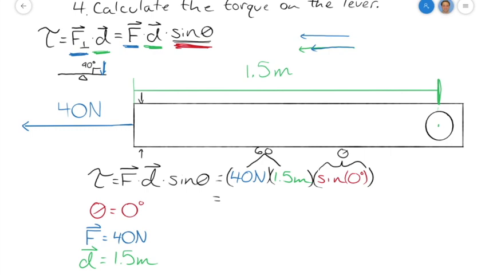So now what we have is 60 newton meters times 0, and as a result, we get 0 newton meters. In this case, we don't have to worry about the direction being clockwise or counterclockwise, since it's not turning.